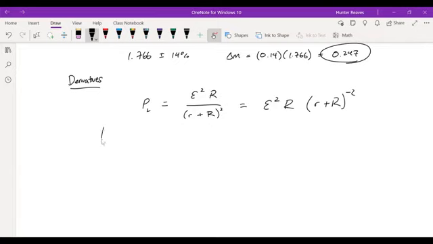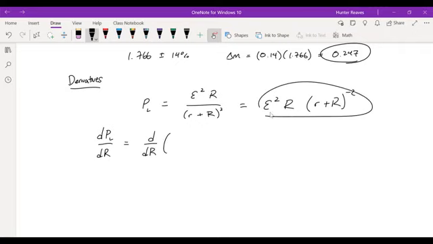So if I take the derivative of P_L with respect to big R, then that is saying d by dR of all of this, so epsilon squared R times r plus R to the minus 2. And because it's a product here, I can pull out epsilon squared. It does not have anything to do with the variable big R. So I would end up with an epsilon squared out front, essentially, and then on the inside would be the rest of everything else.